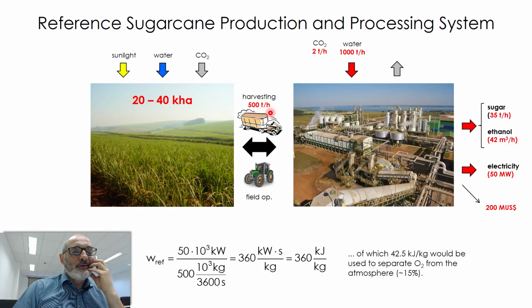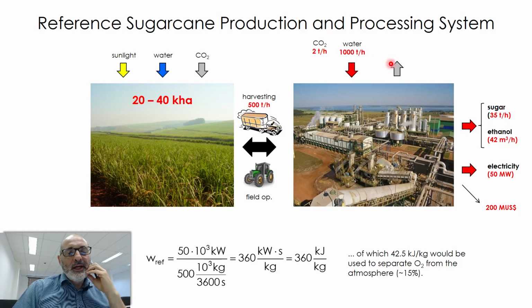It processes 500 tons per hour during 200 days, and it emits 2 tons per hour of CO2 from fermentation in these vats.